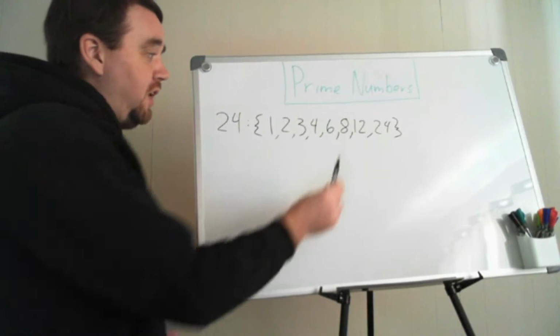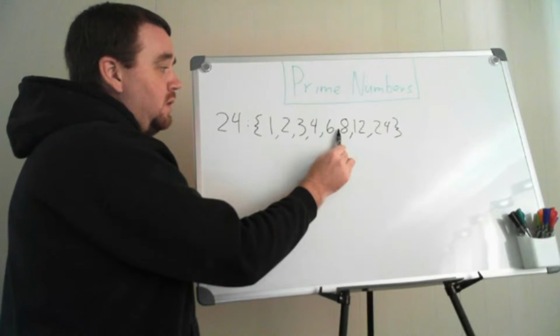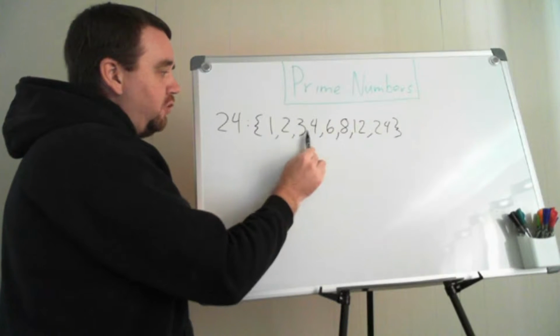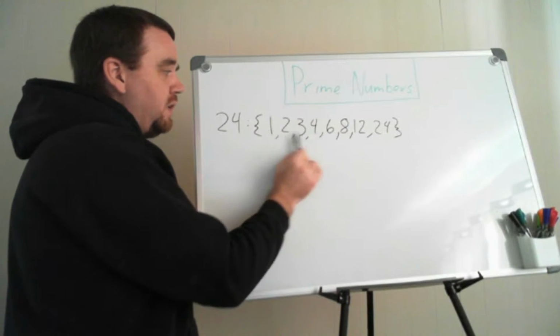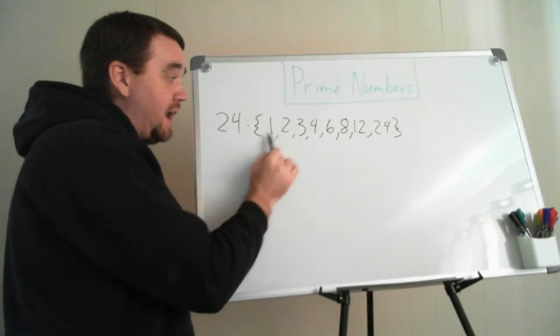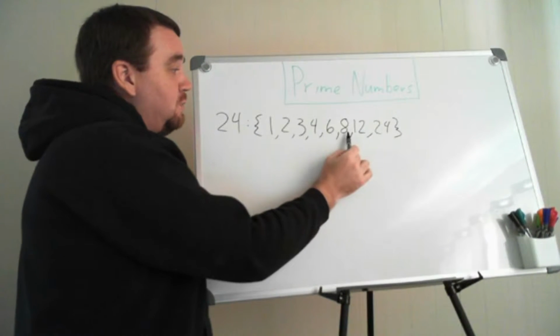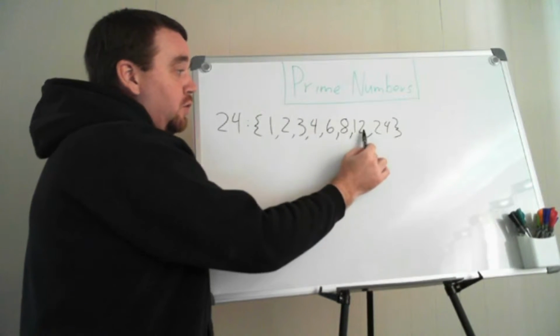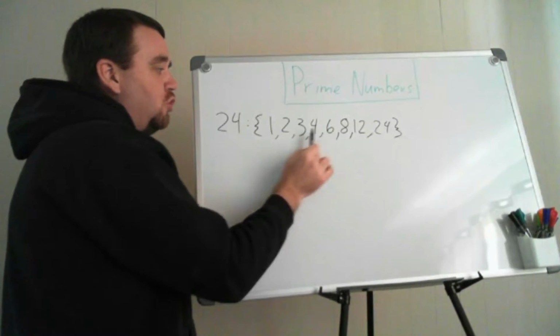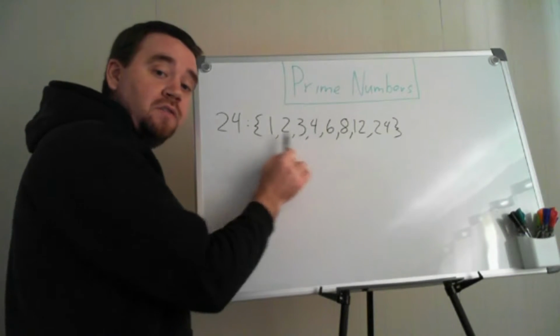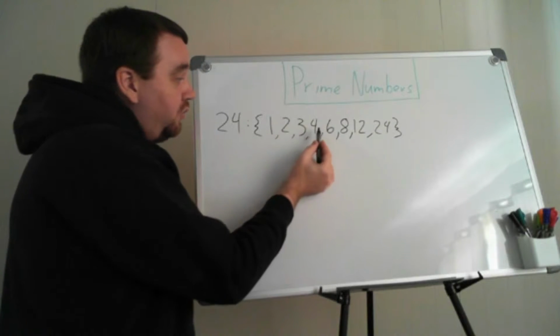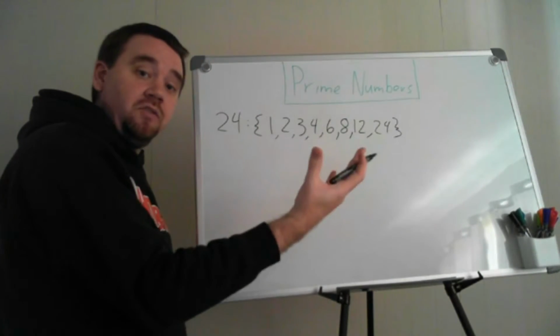Because if 7 were a factor, then it would have to be 7 times some number smaller, but we've already found all the numbers in this range that are factors of 24. Same with anything 9 through 11 or 13 through 23. They would have to multiply by some number over here, but we've already found all those numbers. So as soon as I hit a number that repeats, I'm done.